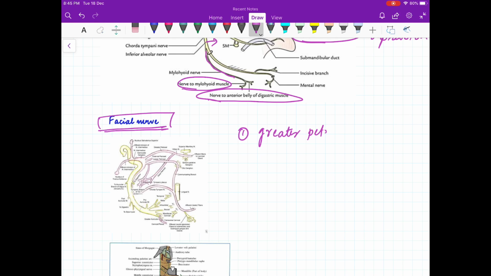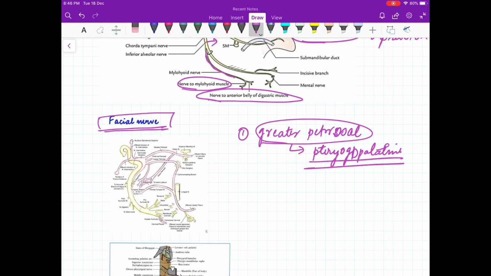Greater petrosal nerve goes to the pterygopalatine ganglion, as we have discussed earlier, and it supplies lacrimal glands, nasal glands, and palatal glands. And when we get injury to the greater petrosal nerve, there will be dry eyes.